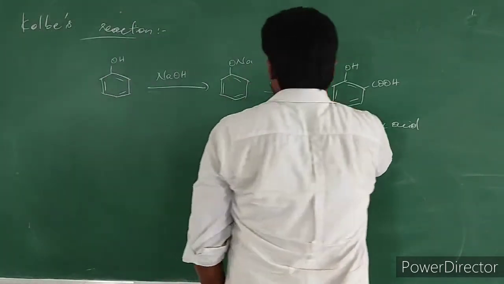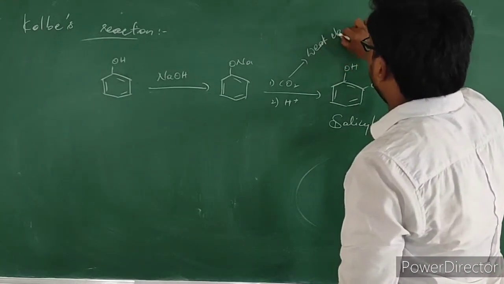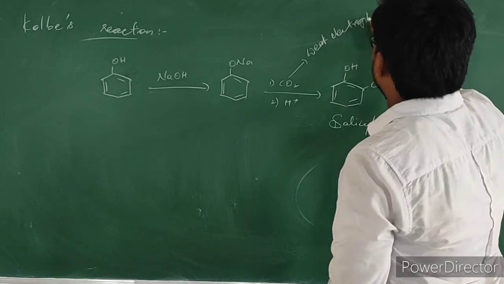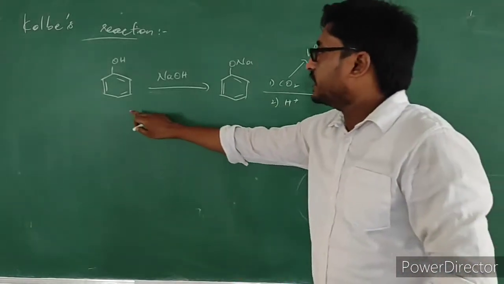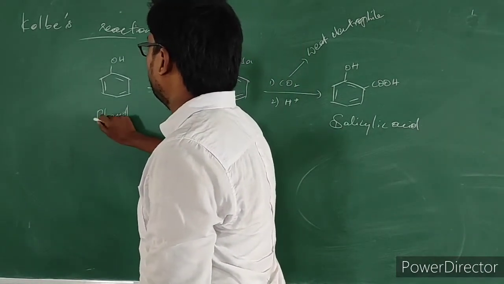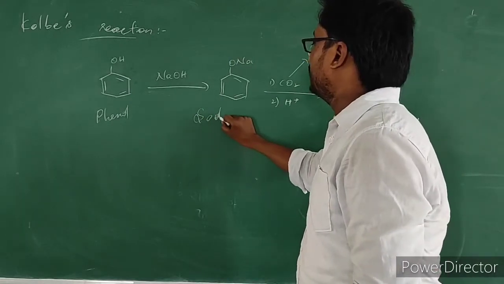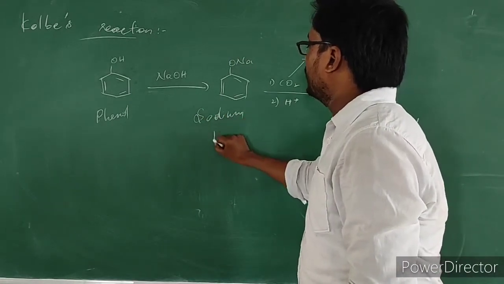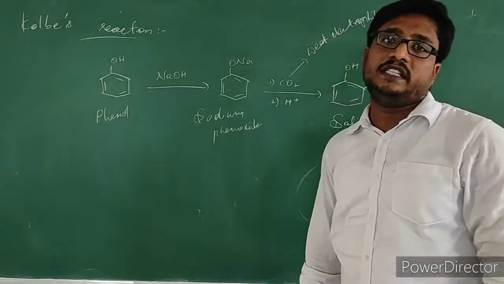Here CO2 is a weak electrophile. If you see, we are converting phenol into sodium phenoxide. Why are we converting phenol into phenoxide?